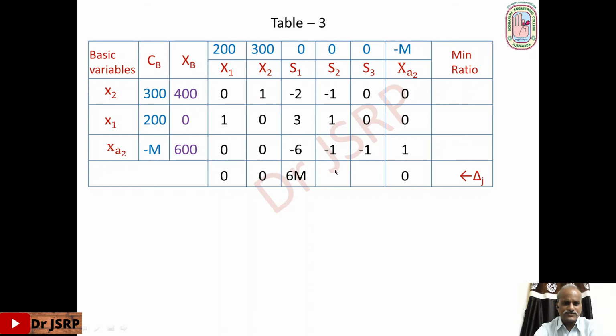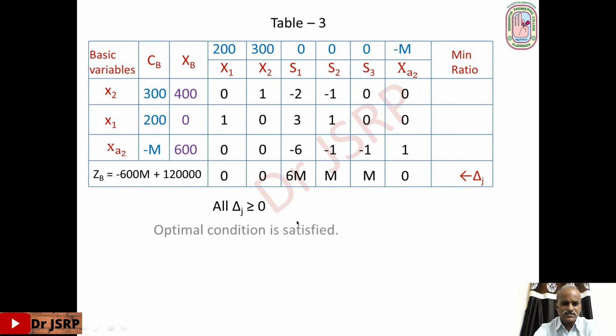Minus M into minus 1 is plus M. Minus M into minus 1 is plus M. And this is the objective function value. Now verify the optimality condition. Here the M coefficients are all positive: 6M, M, M. So all delta J are greater than or equal to 0, and the optimal condition is satisfied. So the present solution is optimal.